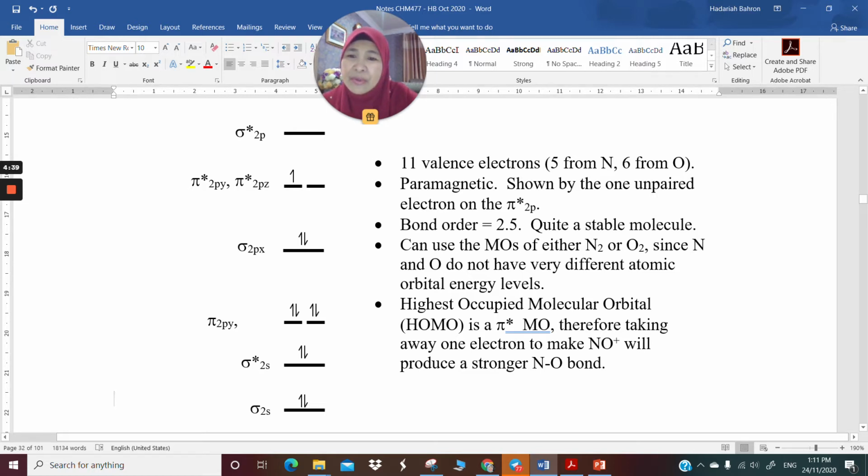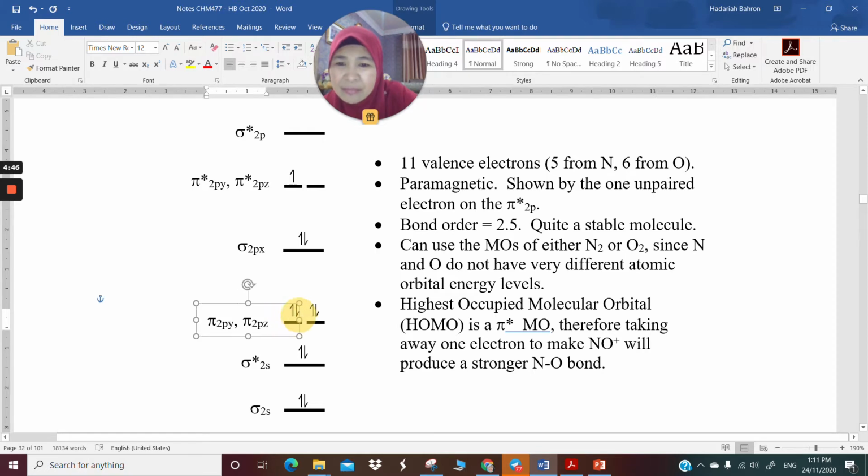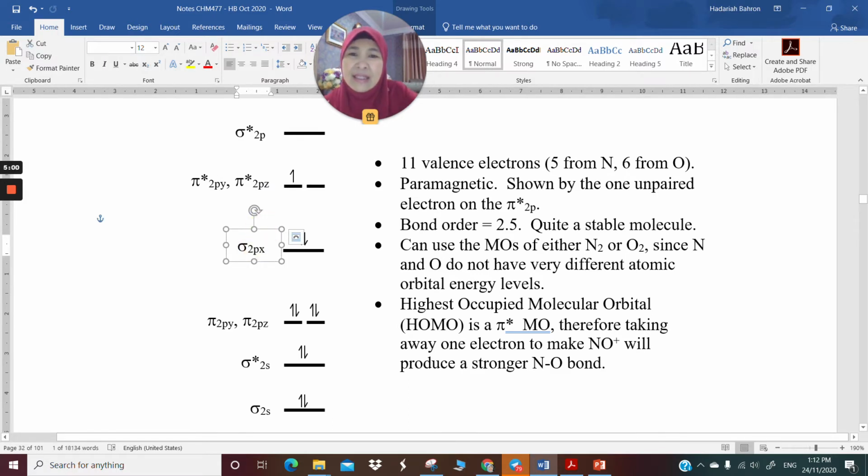And then you have your pi 2py and pi 2pz as the result of the overlap of the 2py and 2pz orbitals, this is the bonding pi orbital, this is the antibonding pi orbital, and this is your sigma molecular orbital, the result of the overlap of the 2px, and then the sigma antibonding, the result of the overlap of the 2px as well.